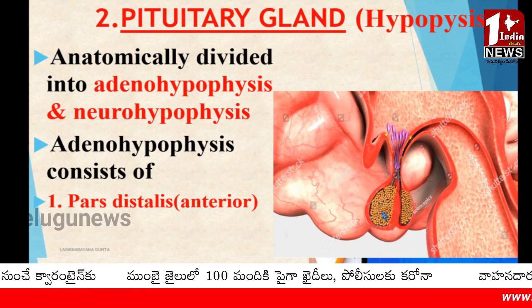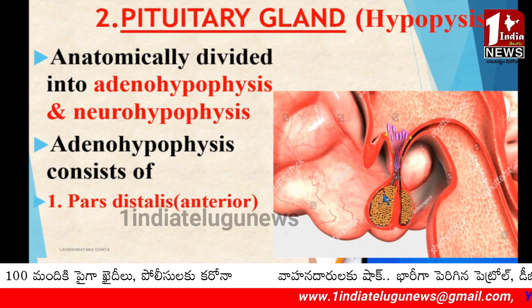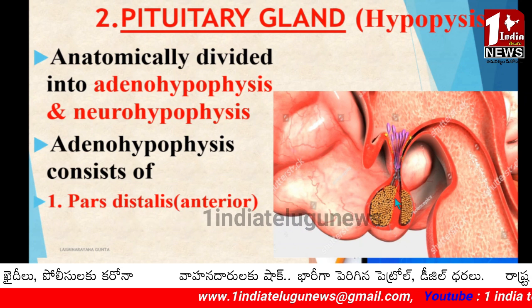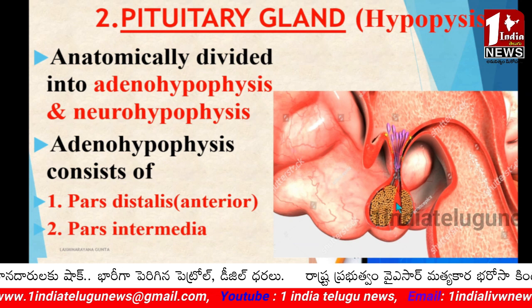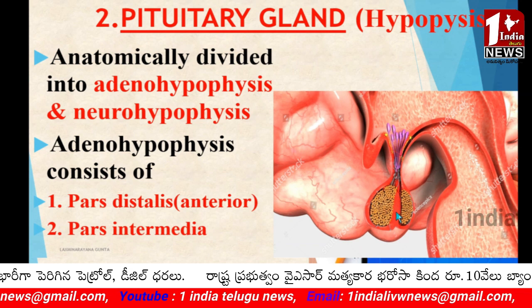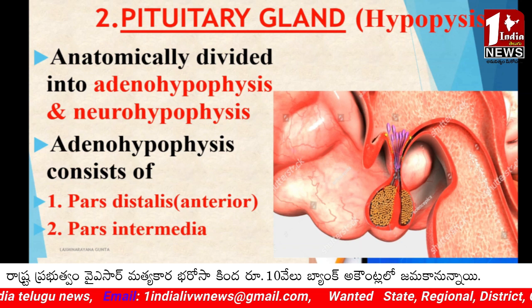This one is the pars distalis, and the small region present between the adenohypophysis and neurohypophysis is the pars intermedia. This is the smallest portion, and it is almost merged in the pars distalis.